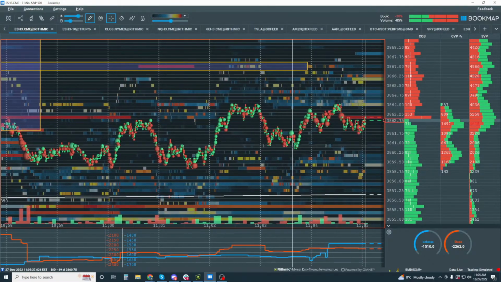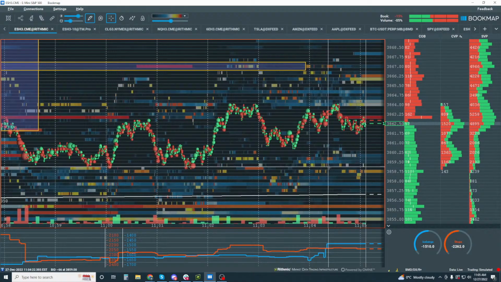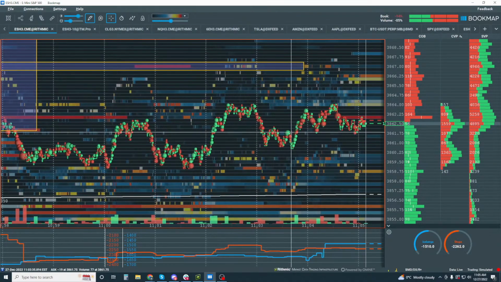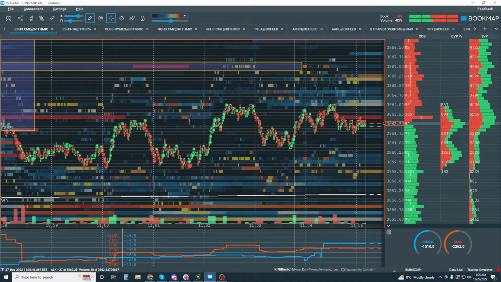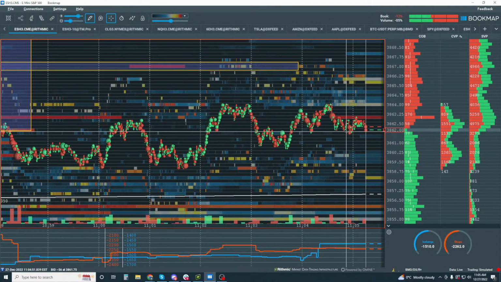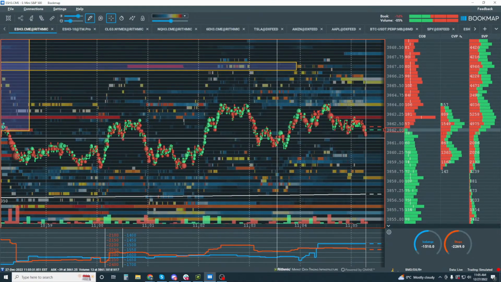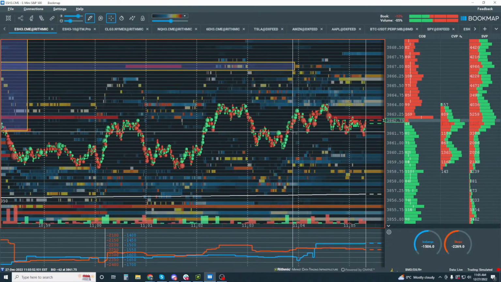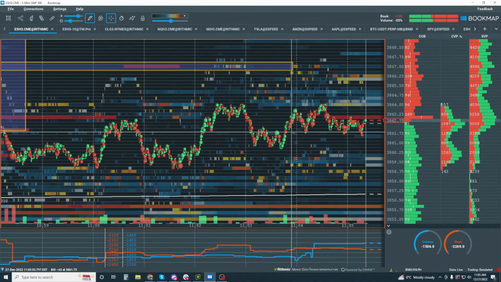Okay, stop. Well, there's a couple different ways to trail your stop on that. Either I would be at break even, and I likely would have been stopped out already or very close to it. Or you can also put your stop at overall break even.